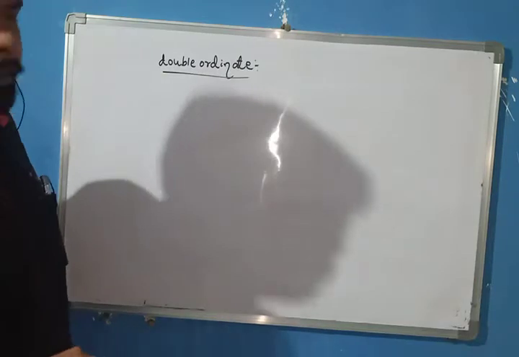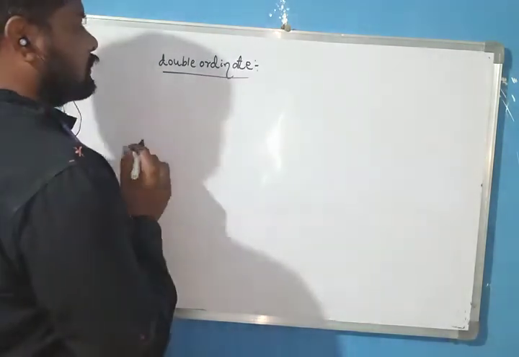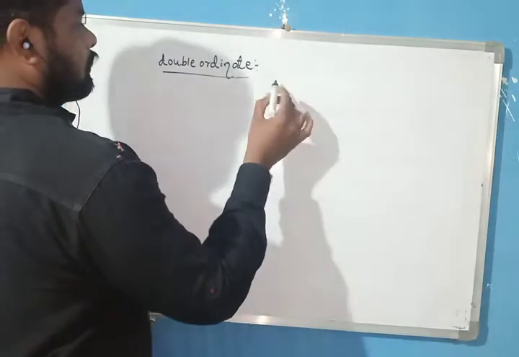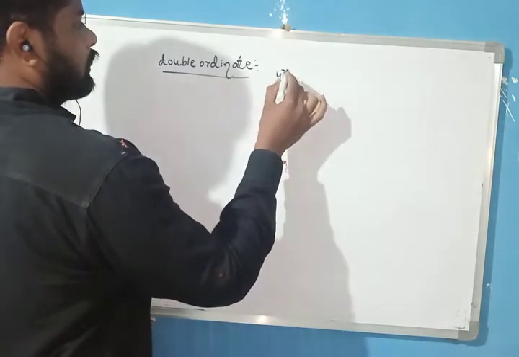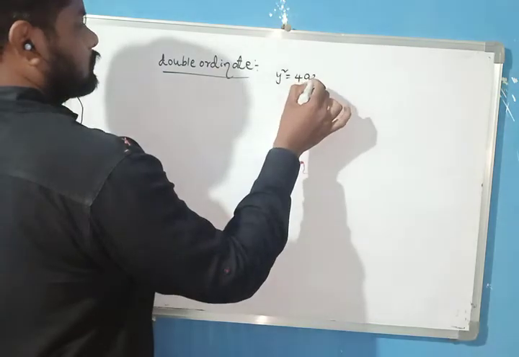What is double ordinate? In the parabola y square equal to 4ax, this is the given curve.